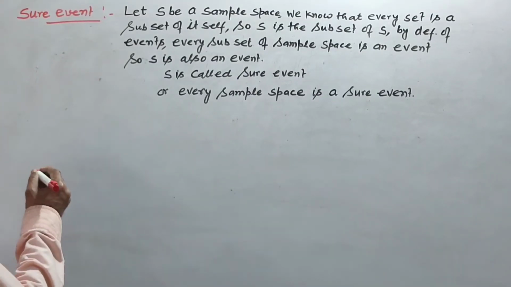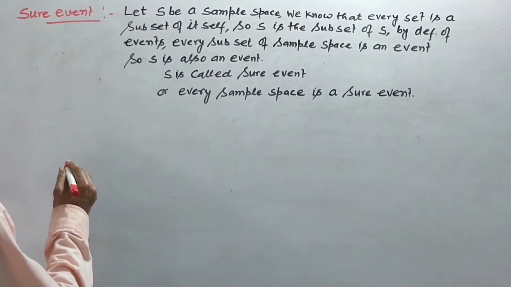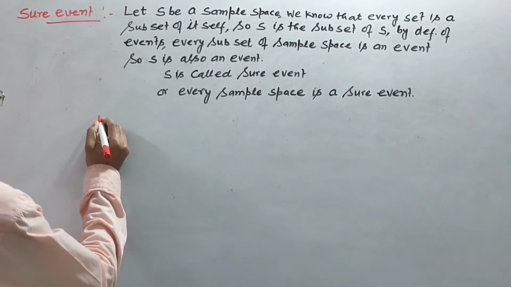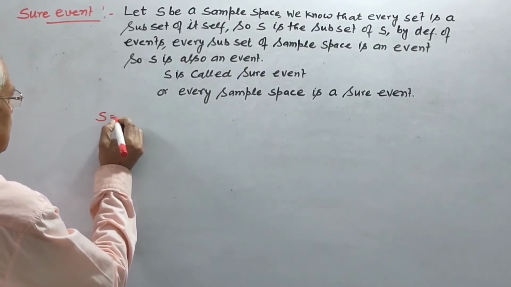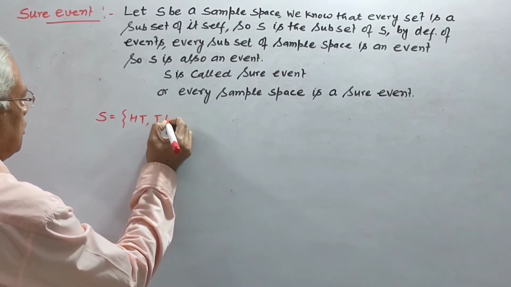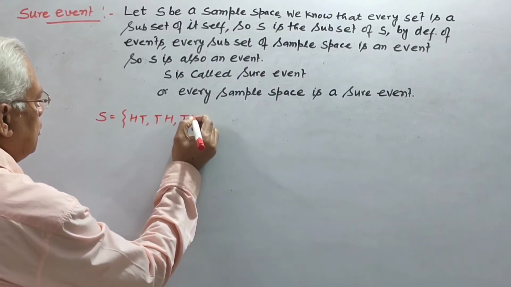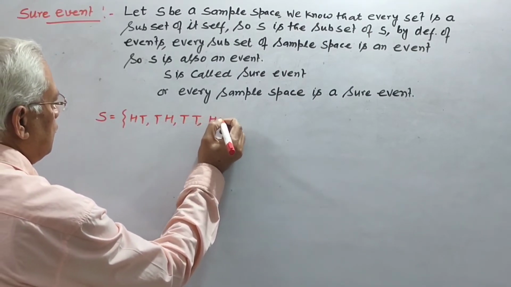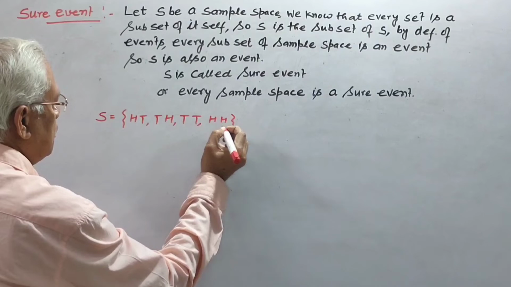Let us take an example of tossing a coin twice. What will be the sample space? HT, TH, TT, HH.